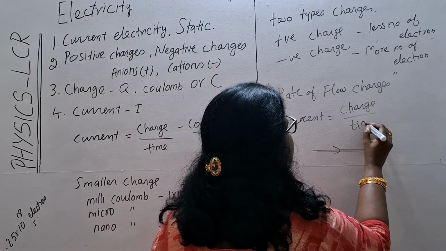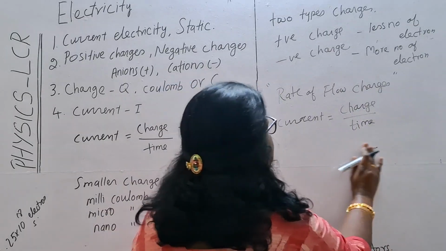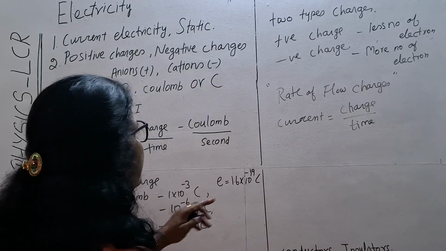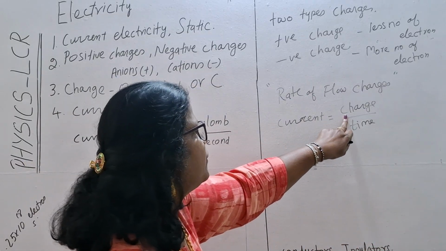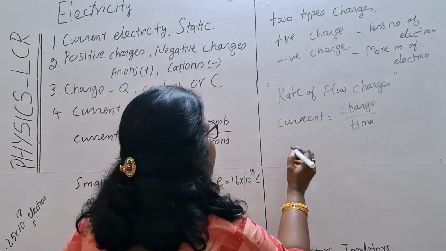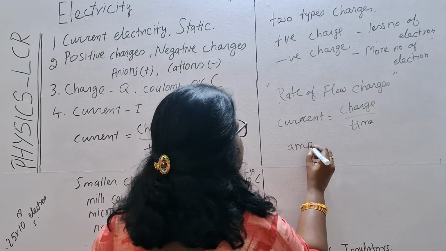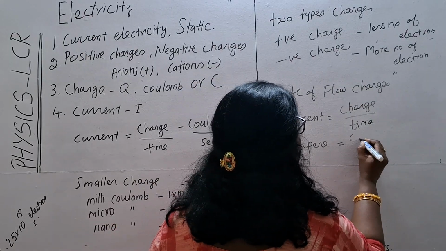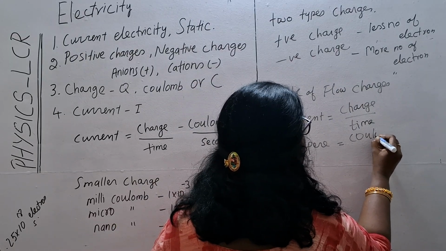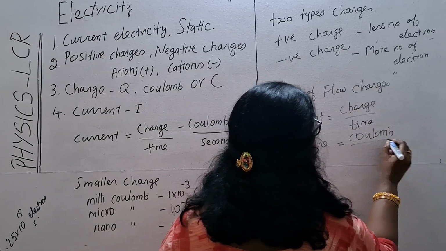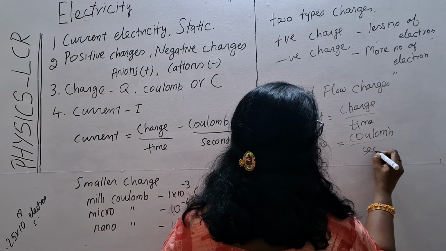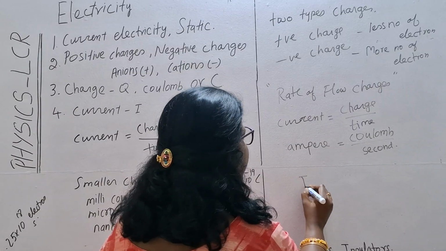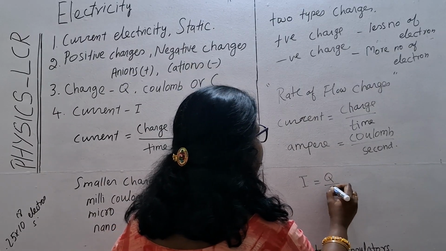The unit of current is ampere, the unit of charge is coulomb, and time is in seconds. So we can write I equals Q by T.